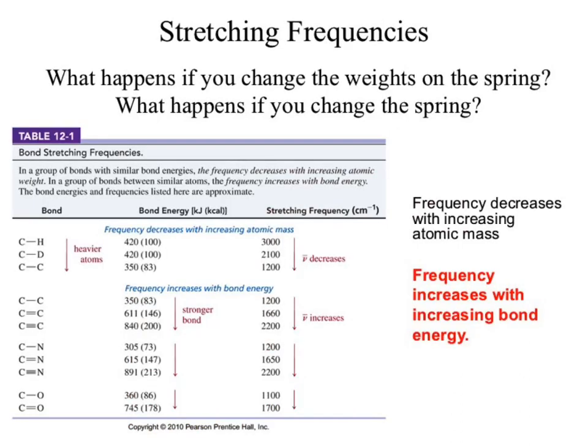When it comes to IR, there are some things that we could look at to draw parallels. So if we look at similar bonds, if we say C to H, C to D, what's the difference between C to H and C to D?